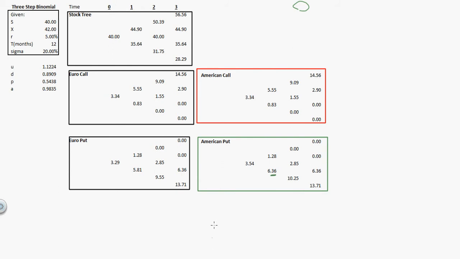Now I'm at this point. Let me clear that off. Looking at this one, the price of the option if you go down is equal to the same thing: 0.9835 times the probability, if you go up, 0.5438, it's worth 2.85, and if you go down, 0.54562, it's worth 10.25.